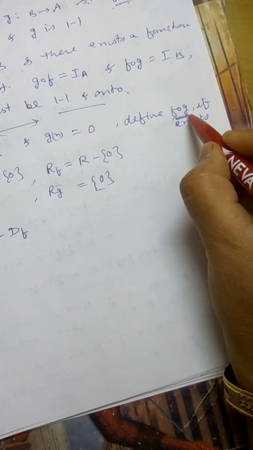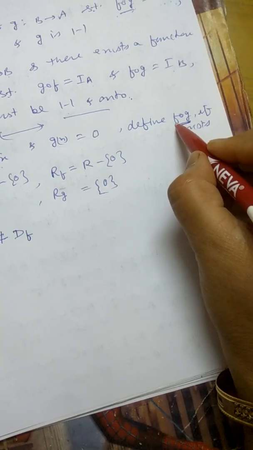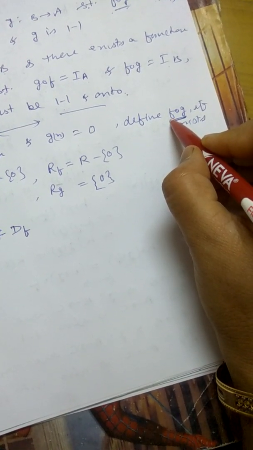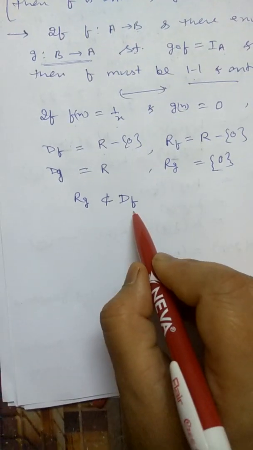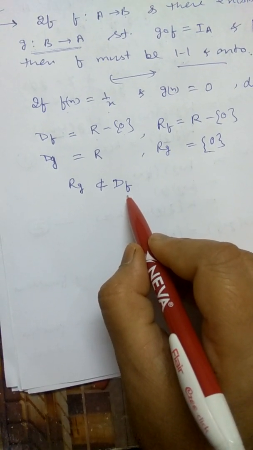It means the range of g must be a subset of the domain of f. Here the range of g is not a subset of the domain of f.